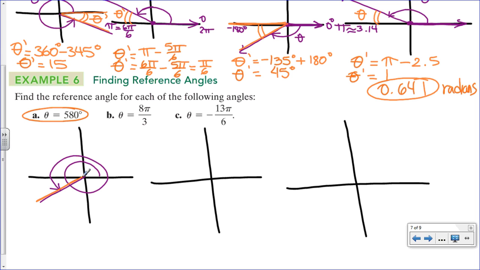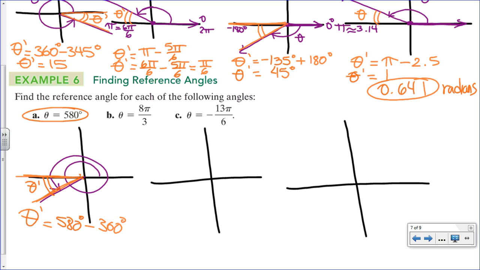Now, reference angle: the terminal side and the x-axis. Again, the reference angle is acute, so you can find it this way. Let's say 580 minus 360.